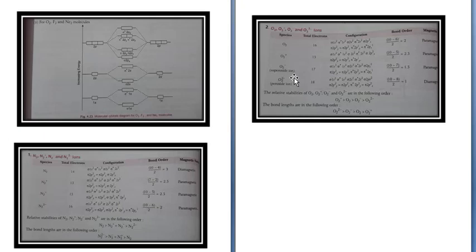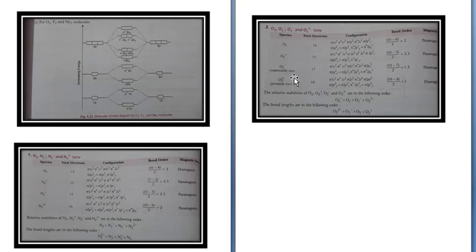The gain has been done in the anti-bonding orbital, so it becomes 2py2 and 2pz1 in anti-bonding. So the number of electrons in anti-bonding becomes 7. So 10 minus 7 upon 2, that becomes 1.5. Anti-bonding 2pz still has one single electron, so the nature is paramagnetic.